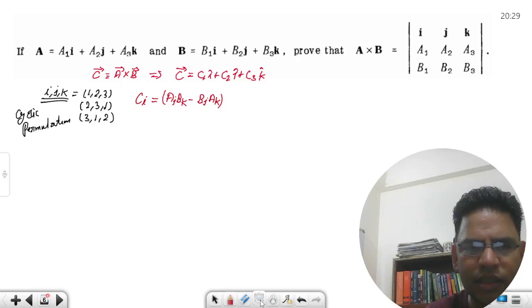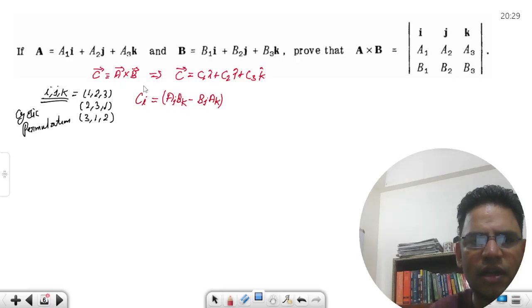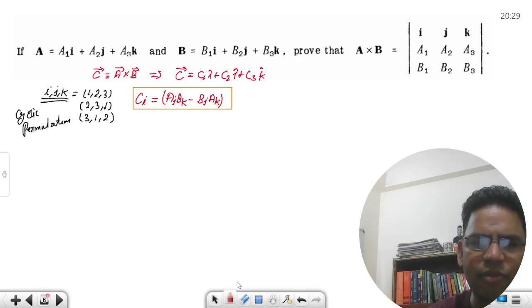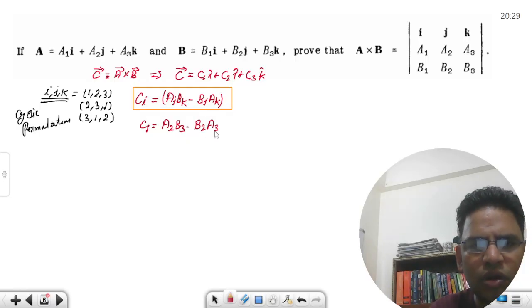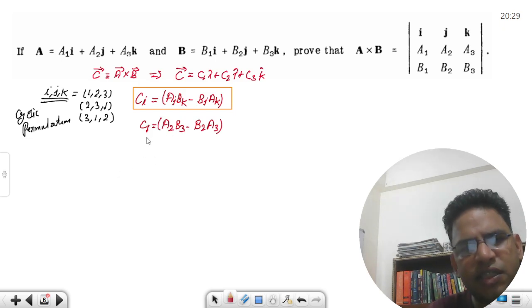This is the simple funda. So how am I going to get C1? C1 vector is going to be A2 B3 minus B2 A3. This is the C1 vector. Similarly, you are going to get the C2 vector.